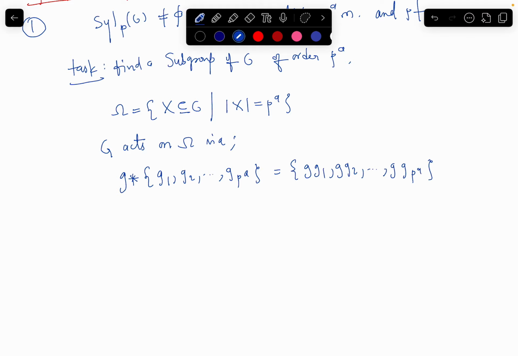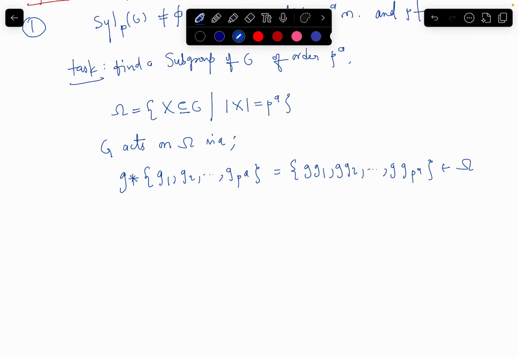By left cancellation, it is easy to see that this member is in omega, and one can use the associativity of the binary operation of G to show that this is indeed a group action.